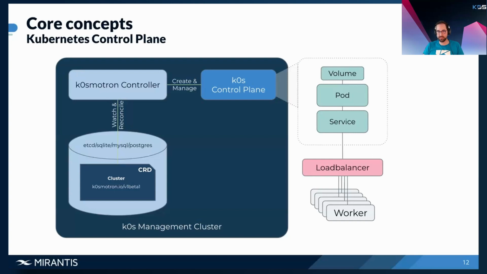That is because with k0s, we already have this capability of creating very small control planes, or small bundle everything in one small service. And the control plane will be just one pod exposed by a service, and in this case, an external load balancer.